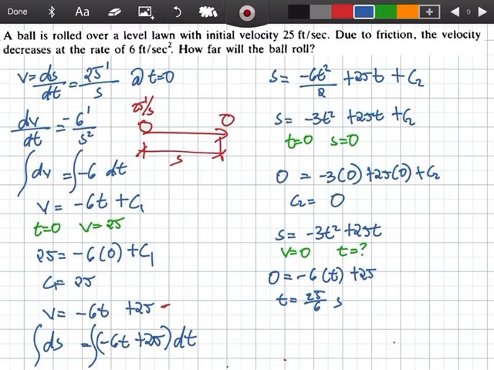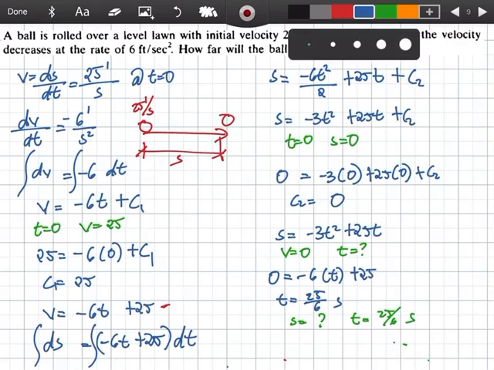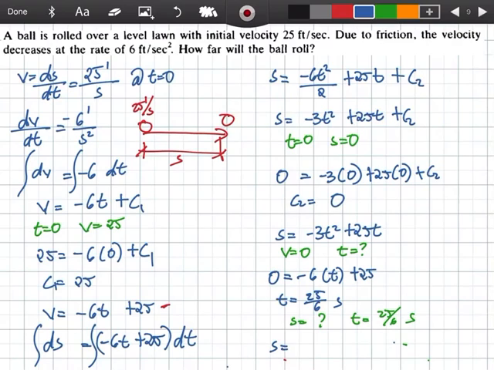Now we substitute that into our S, because what is asked is: what is S when t is equal to 25 over 6 seconds? That 25 over 6 is the time of our ball's rolling. So S is equal to negative 3 times (25 over 6) squared plus 25 times 25 over 6.